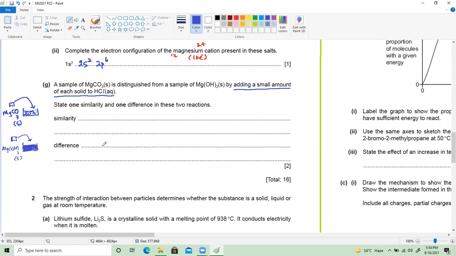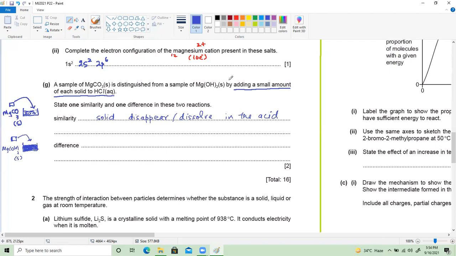One of the similarities here is that those solid reagents lose mass. Yes, the solid reagents disappear, or you can say dissolve in the acid, while the difference between them is going to be bubbles.